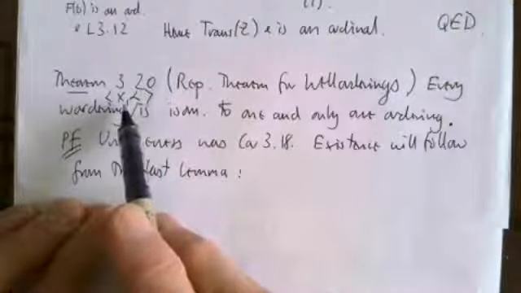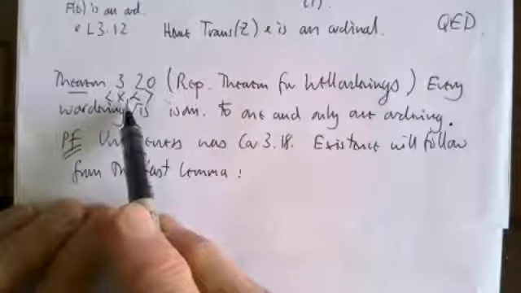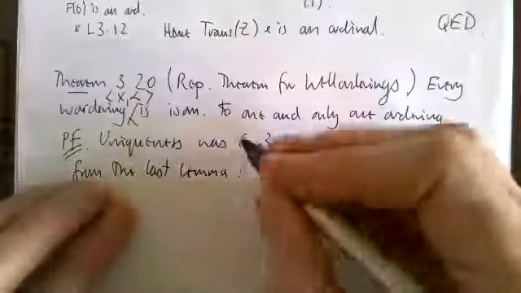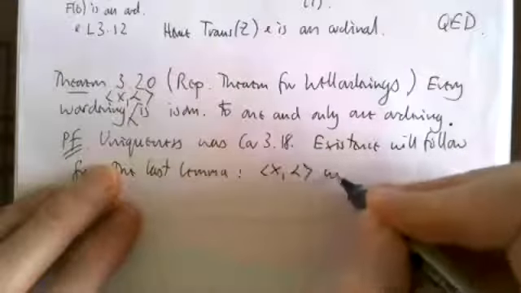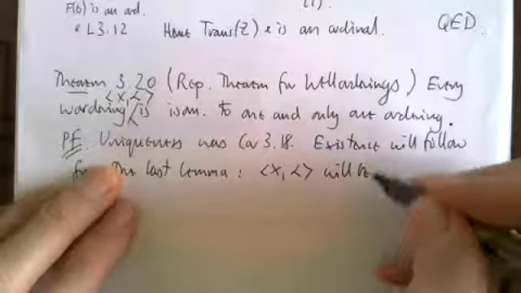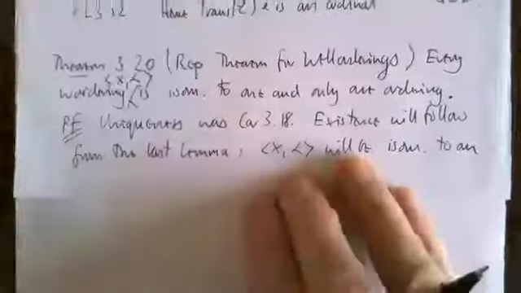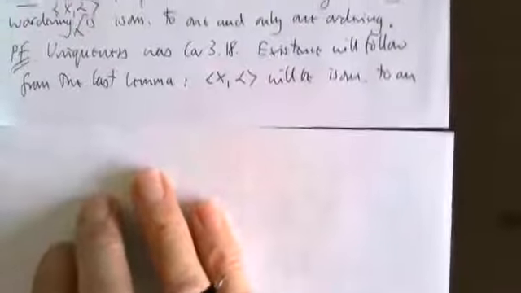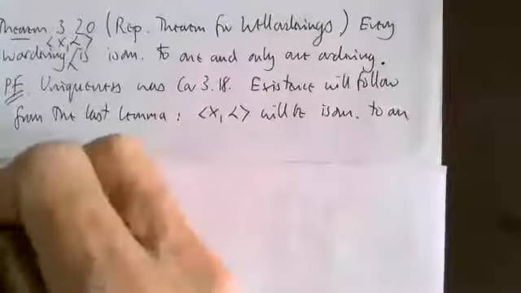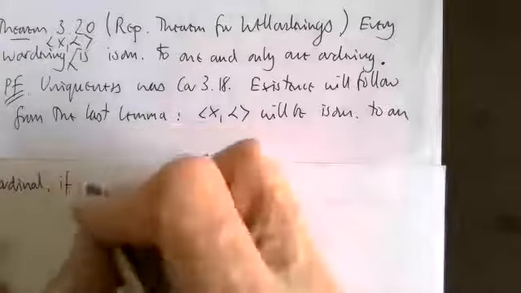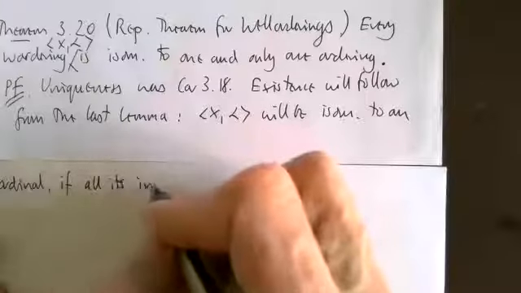So I'll get that X with less than is isomorphic to an ordinal if all its initial segments are.